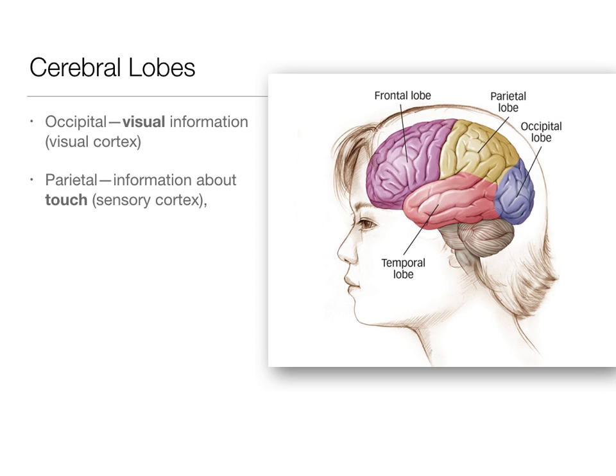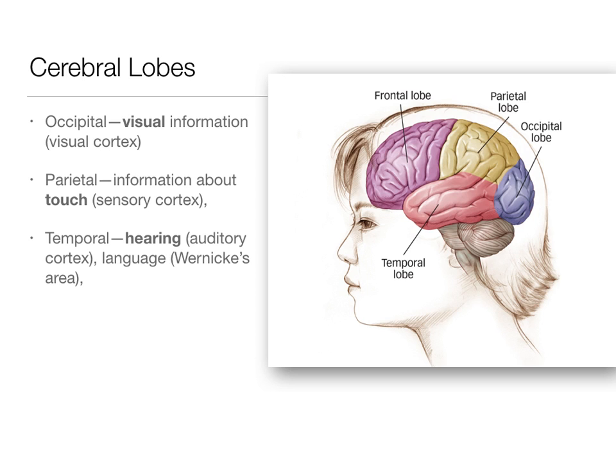The parietal lobe is just up from that on the top back of your head, and this has a lot of your information about touch. If you see that gyrus between the central sulcus, that first yellow gyrus, that's where our sensory cortex is, and that has a lot of information about touch.